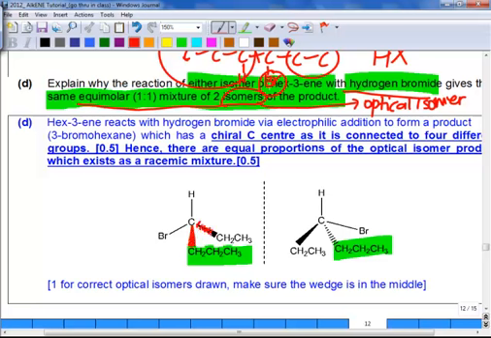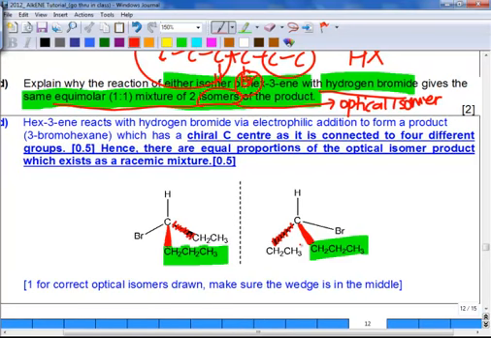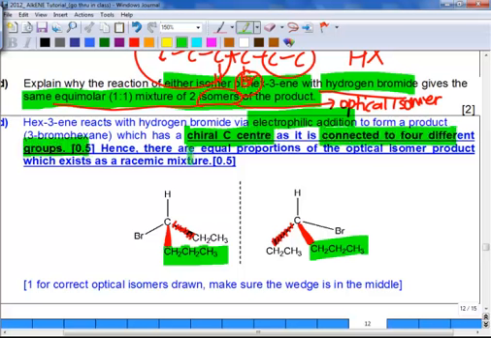Continue. The electrophilic addition: chiral center connected to 4 different groups. Hence, there are equal proportions of the optical isomers, so they exist as a racemic mixture.